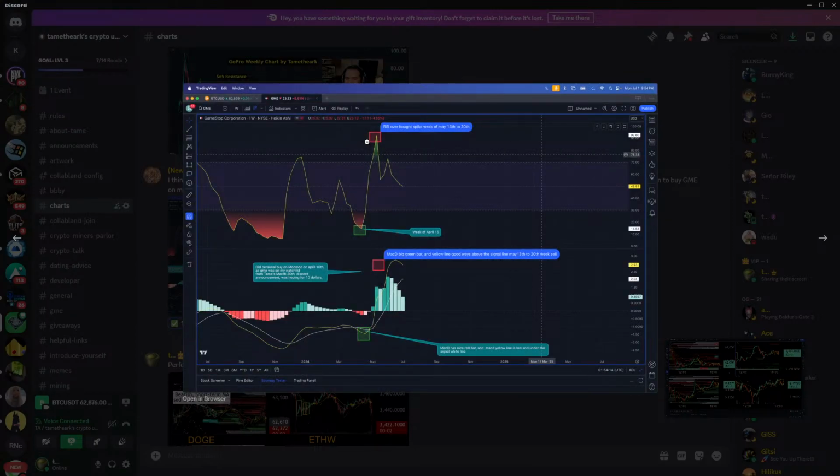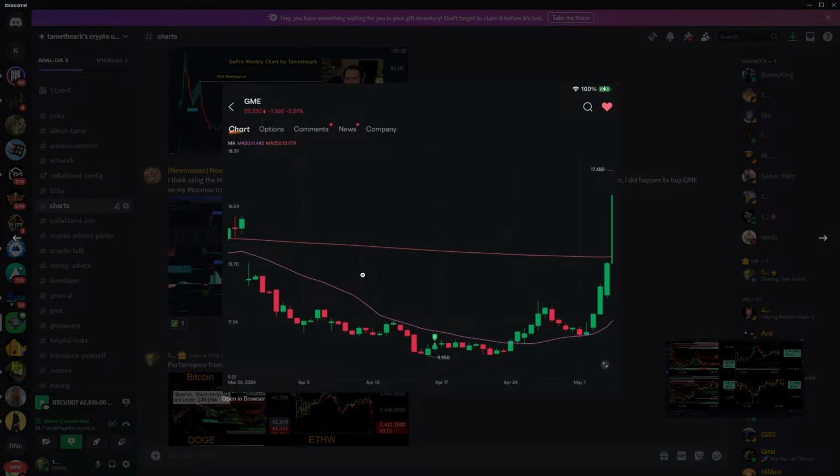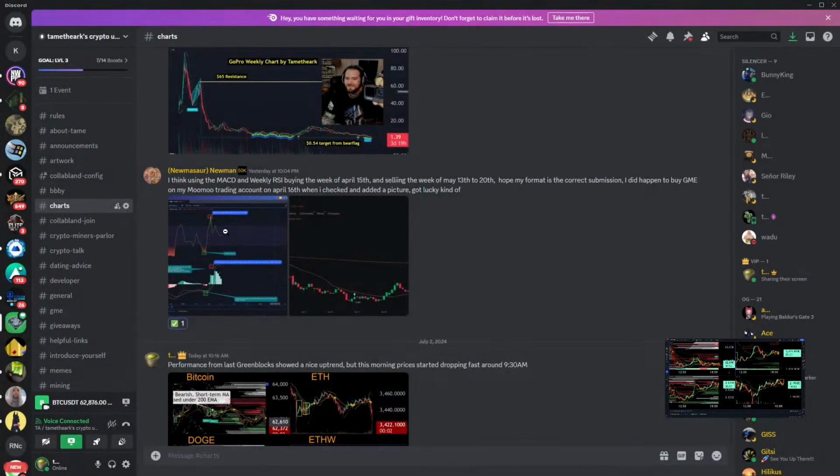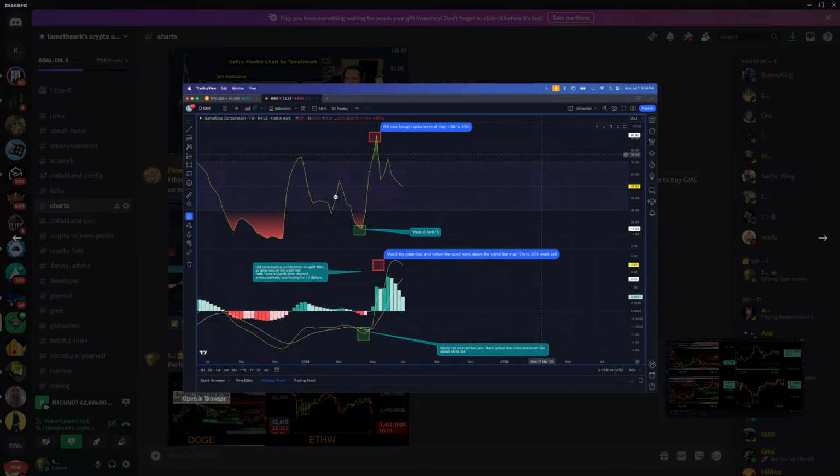He had the red block up here on the MACD, and RSI at I don't know what price it was though, or date. I would have to expand this. If you're watching Newman, please possibly also add the price in here too.